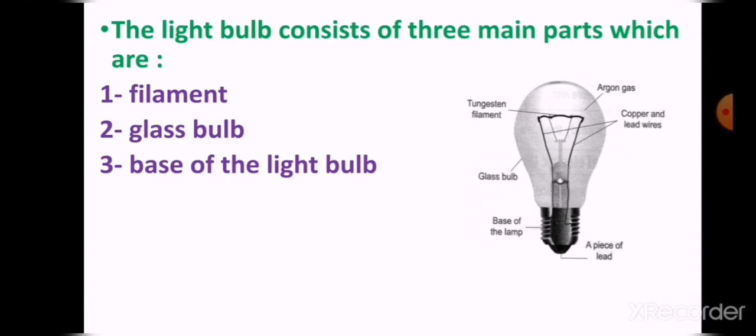So the light bulb consists of three main parts, which are filament, glass bulb, and base of light bulb.